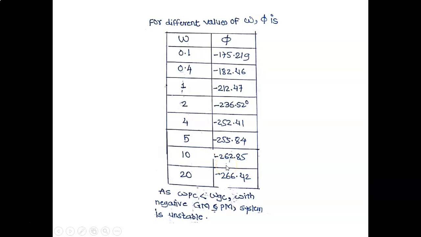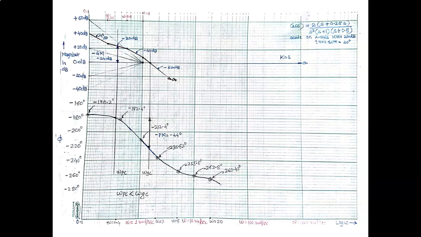You can plot against these omega values. For different values of omega you have to see either at the top or at the bottom. Therefore connect these points by a smooth curve. This indicates the phase angle plot.